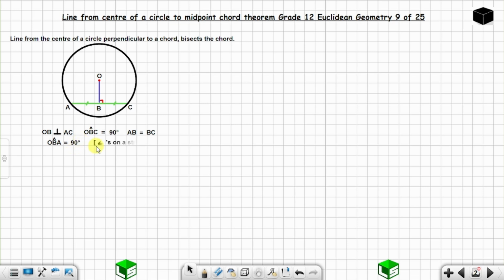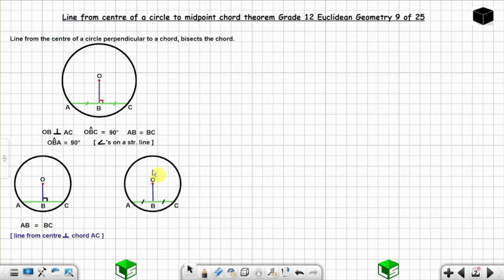The reason is angles on a straight line. So with this, you are going to say AB is equal to BC. The reason will be line from the center perpendicular to the chord AC.